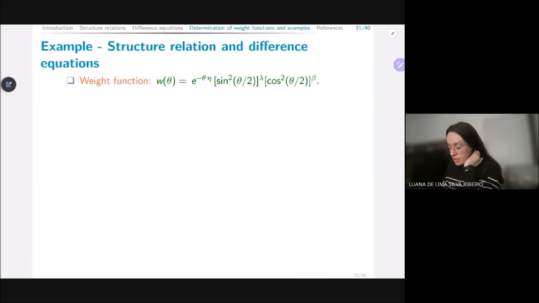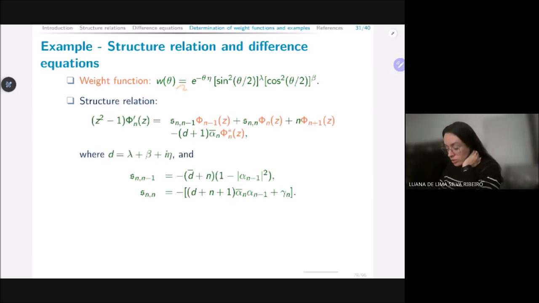So the recurrence relation for the monic orthogonal polynomials associated with these wave functions is in this form. It depends on the polynomial of degree n minus 1 and the reverse polynomial. And we have here all the explicit values in terms of this d, just to simplify the formula.